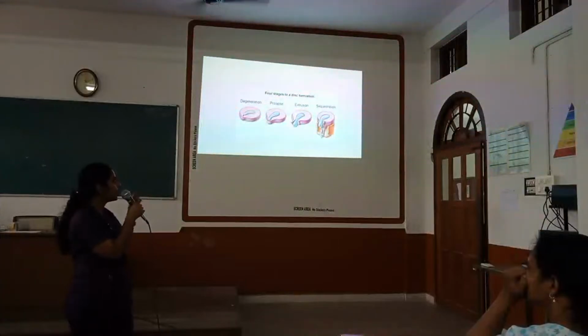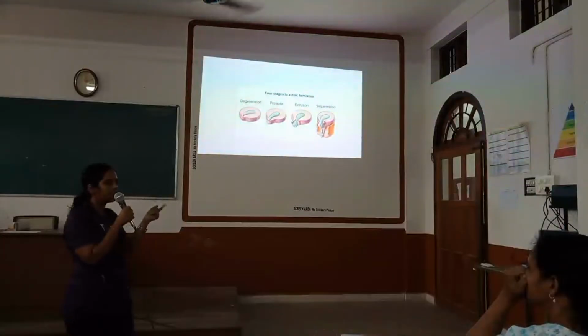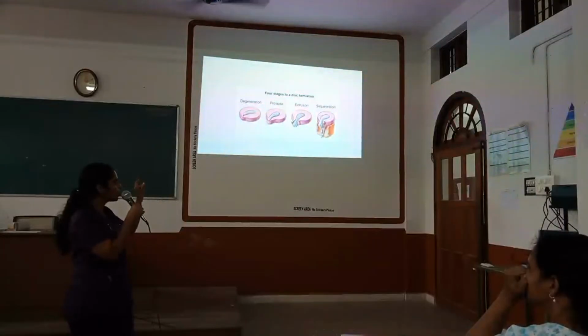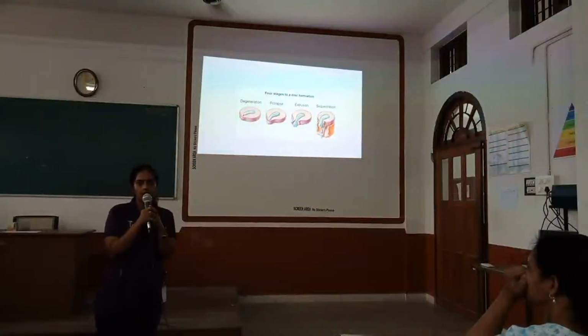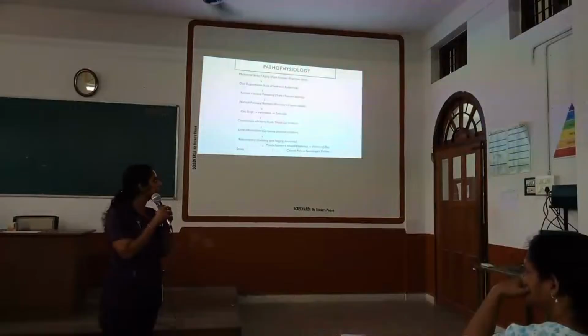The third is extrusion, where the peripheral part, the annulus fibrosus, is torn and the nucleus pulposus bulges out from it. The final stage is sequestration, where the nucleus pulposus gets separated.